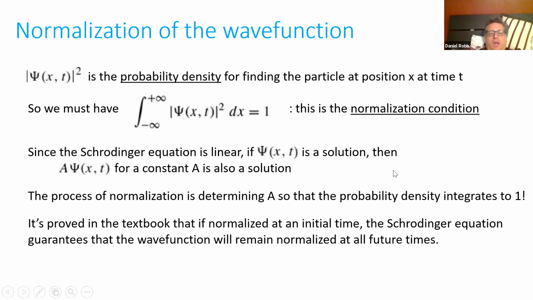But it's shown in the textbook that if you take the time derivative of this integral and use the Schrodinger equation, you can show that the time derivative is 0. So if it starts out at 1, it remains at 1, and we have a consistent normalization if we start out normalized.